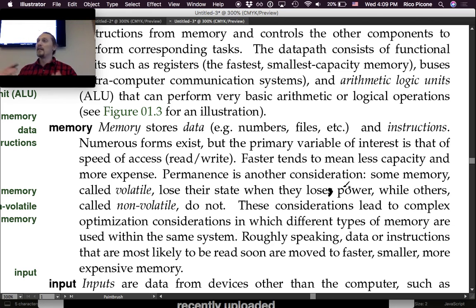And then there's volatile, non-volatile. Things in registers typically are volatile. Things that are in RAM are volatile. So when you reboot your computer, whatever was in RAM is probably gone. Unless something was saving it from RAM to the hard disk before it crashed. It might have been able to dump it. That's like when Microsoft Word tries to recover the file you were working on.